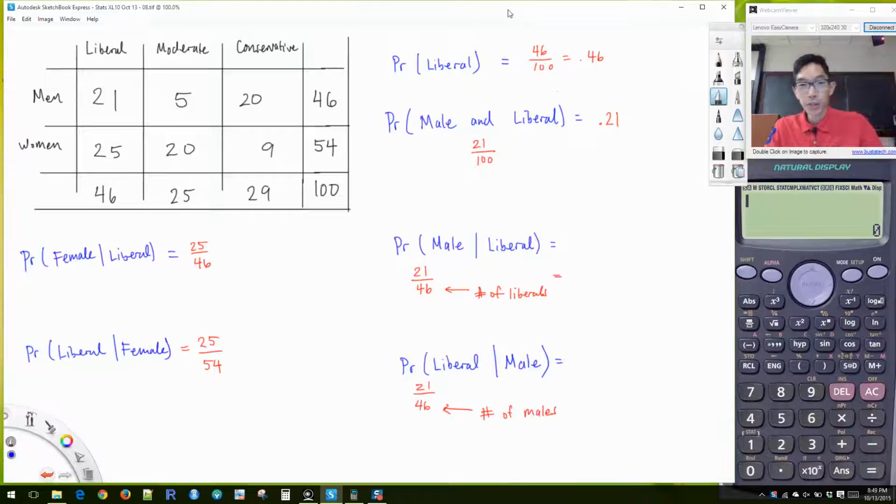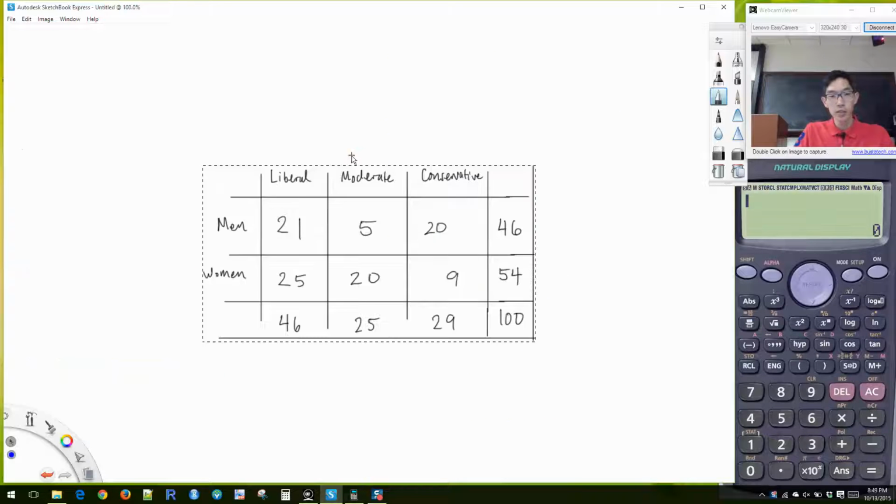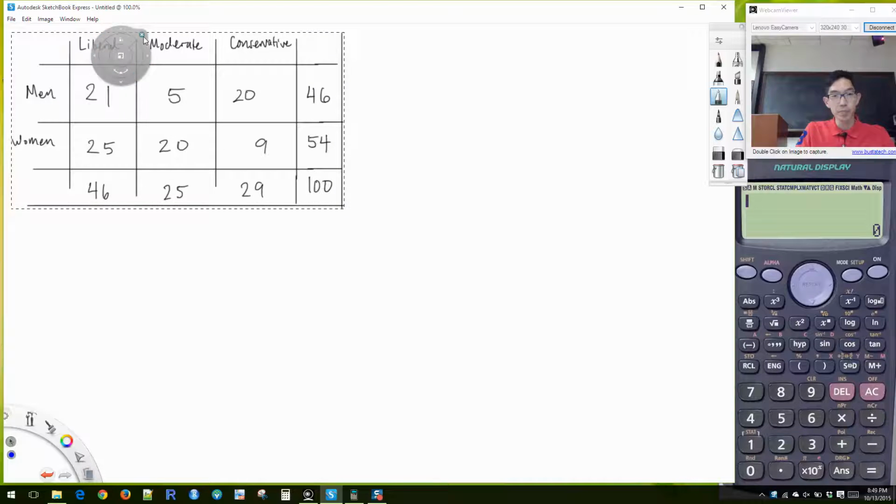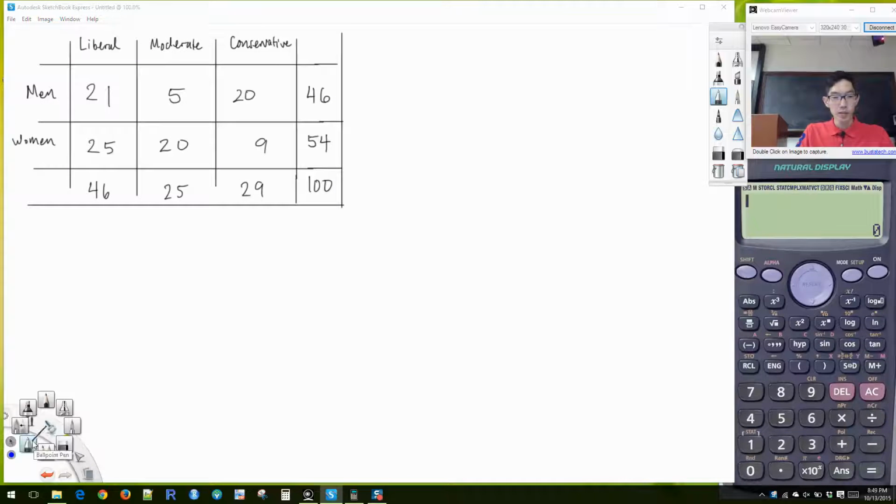All right, so we covered all of these things here, and I'm going to move on, and we're going to copy this same table here, and I want to talk about this concept of independent events.